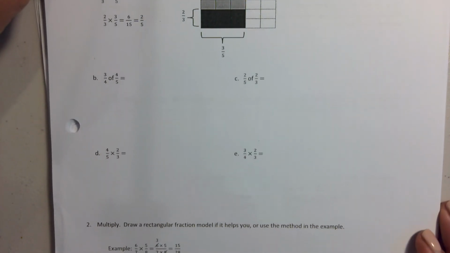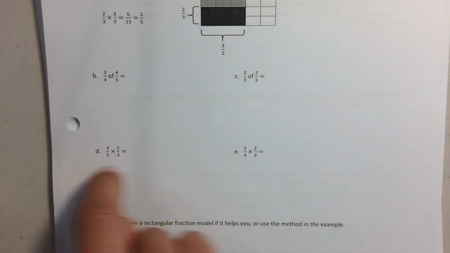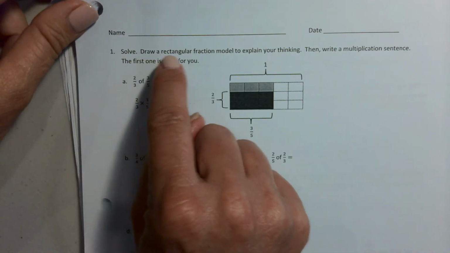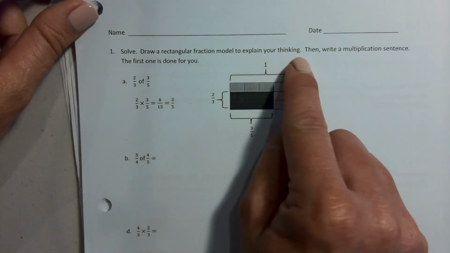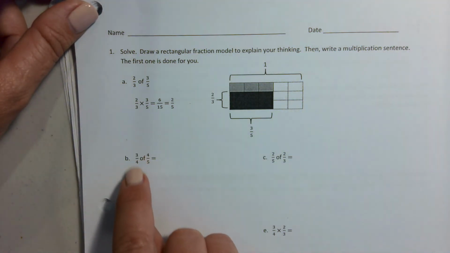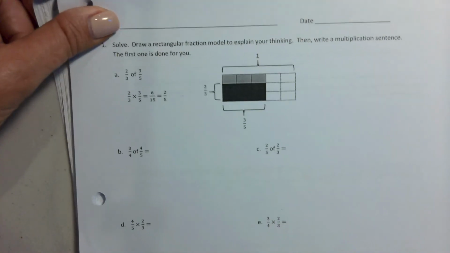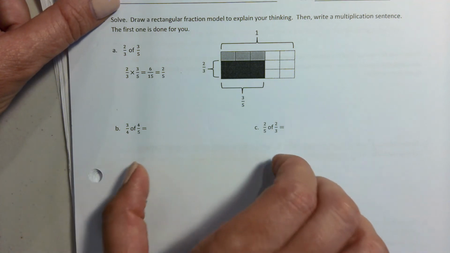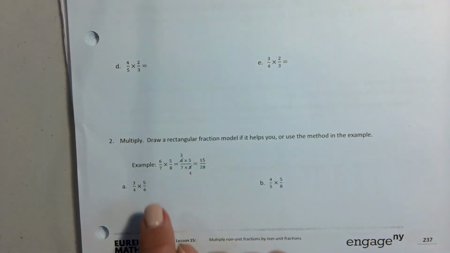Okay, so problem set. Just like we started off, remember, you're supposed to solve and draw a rectangular fraction model to explain your thinking. Then write that multiplication sentence. So instead of leaving it 3/4 of 4/5, you need to write 3/4 times 4/5 is equal to. Okay, so draw your rectangular fraction models, write your multiplication sentence to have it match.